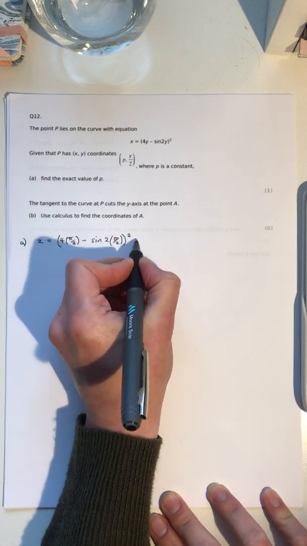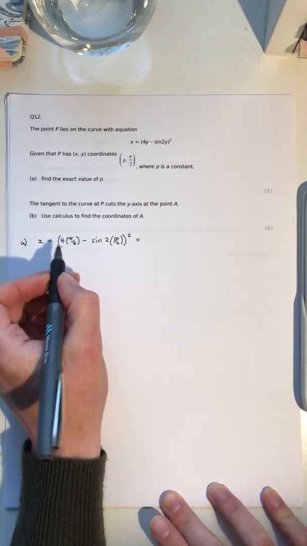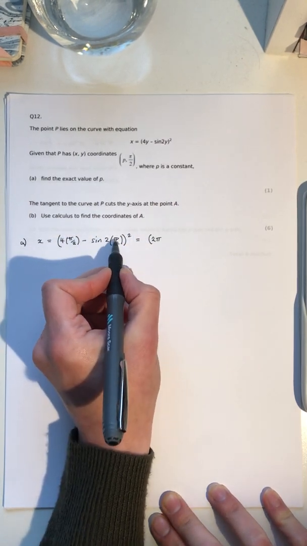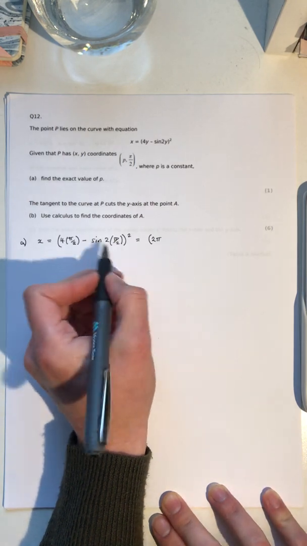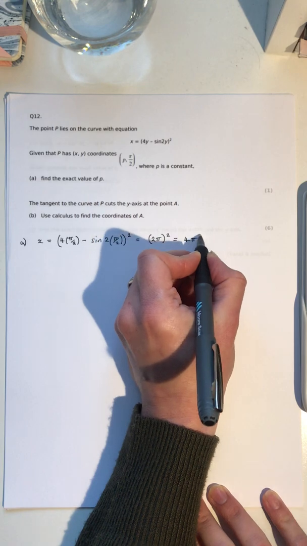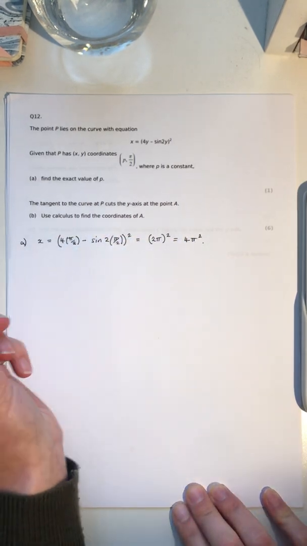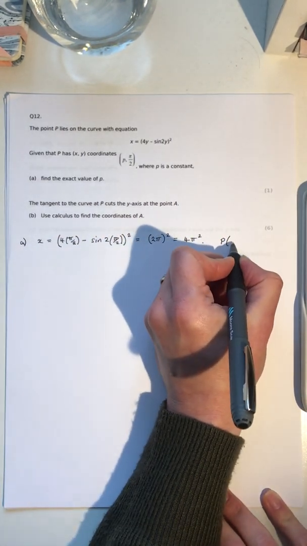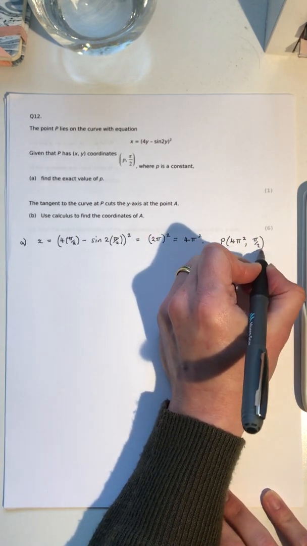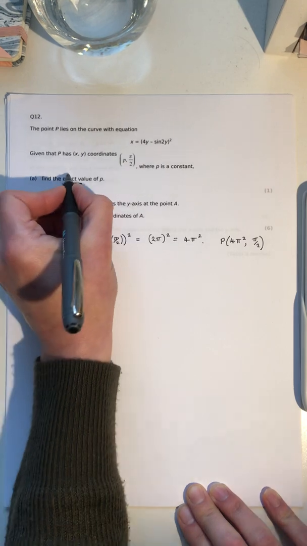All of that squared. 4 lots of pi over 2 is going to be 2 pi, and 2 lots of pi over 2 is just pi, and sine pi is 0, so all that goes. So it's just this, which is 4 pi squared.